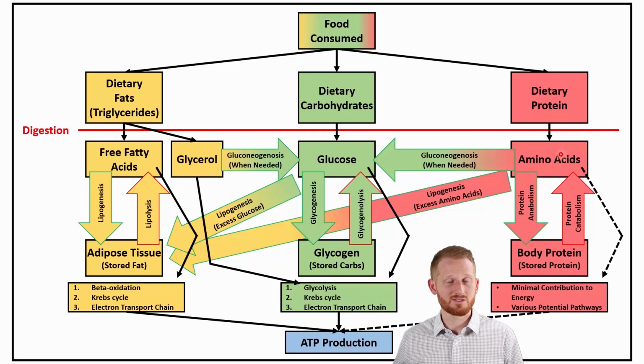If you overconsume amino acids or protein, we are going to just shove the amino acids through lipogenesis, producing adipose tissue. If you overconsume any of these, so fats, carbohydrates, or proteins, you're going to make fat. So we don't want to overconsume any of these because, again, it's just going to be turned into fat.